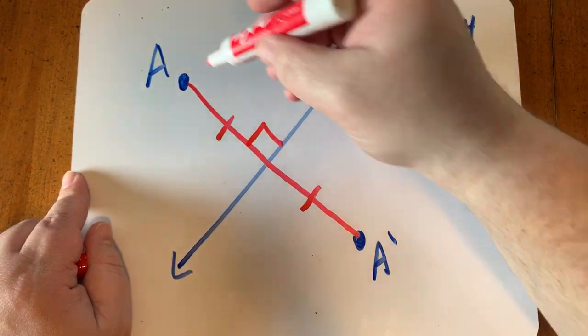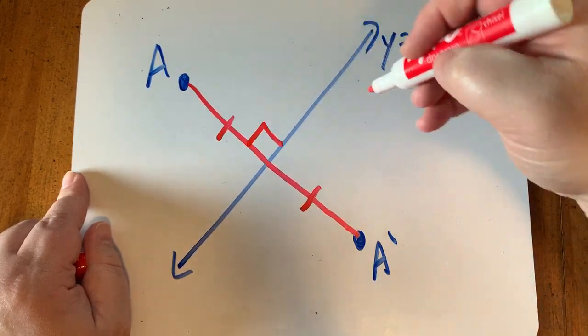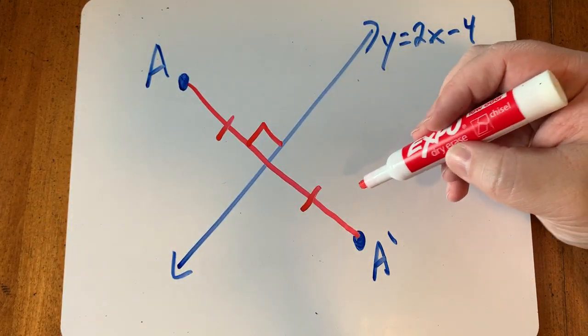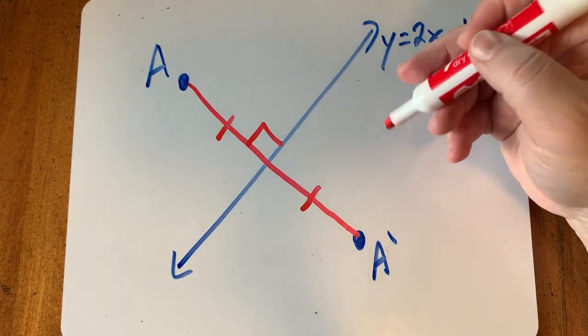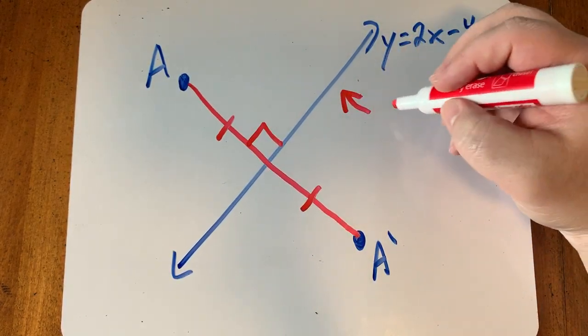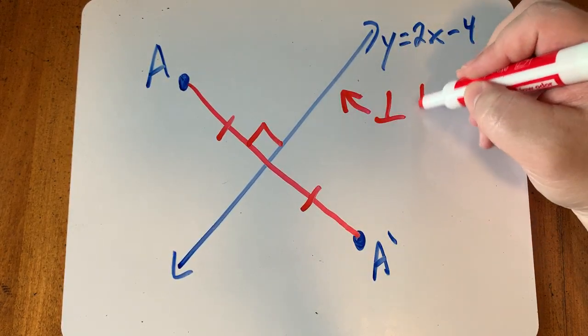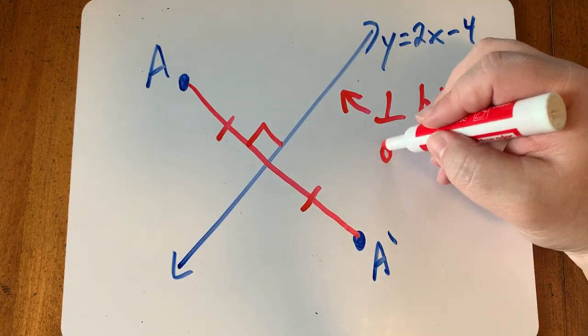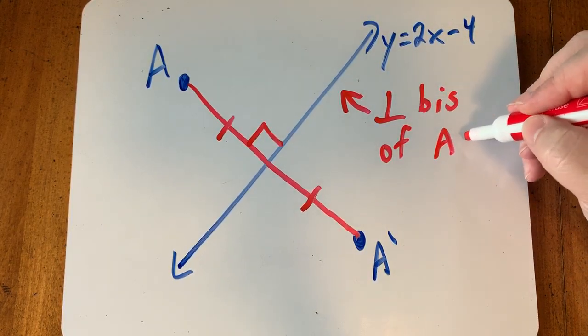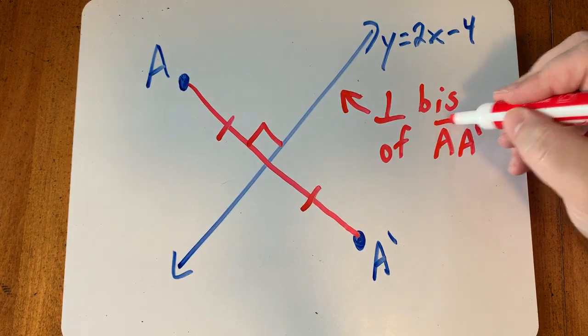So you would be able to reflect over this line because this line of reflection is the perpendicular bisector of the segment containing the point and its image.